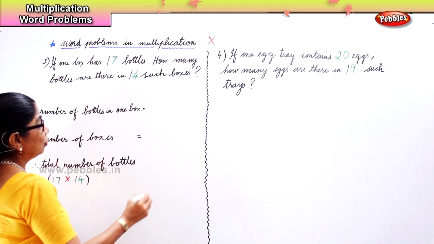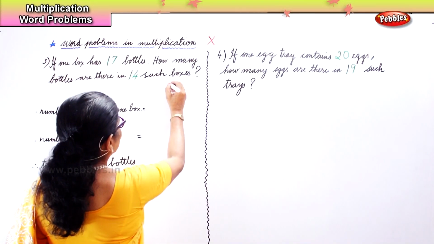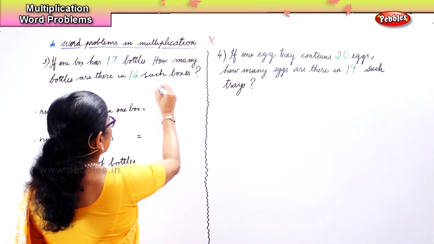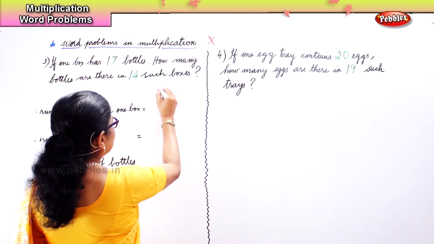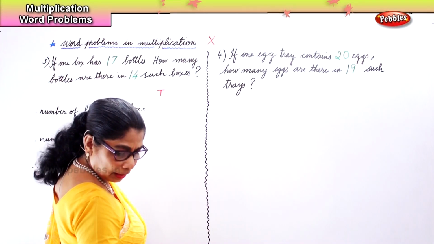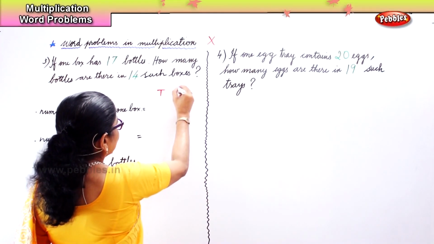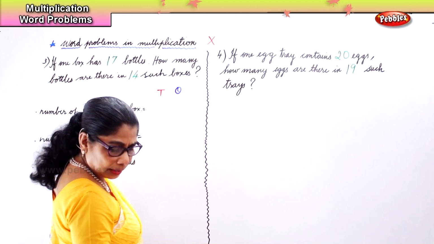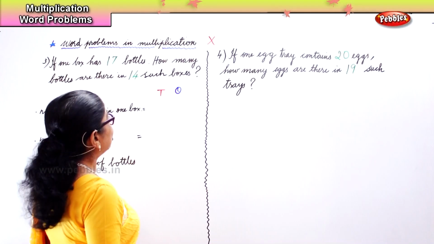Next thing we are going to do right here: tens, ones. Write tens and ones and put the numbers correctly for us to multiply.